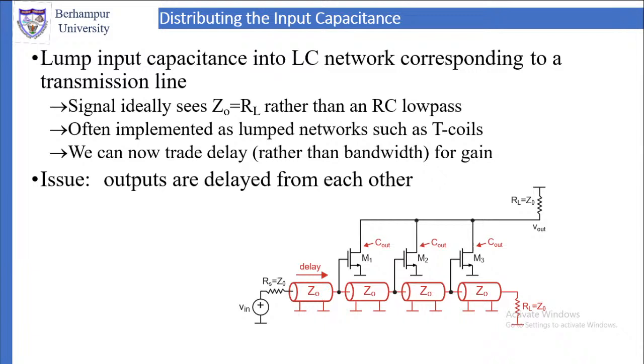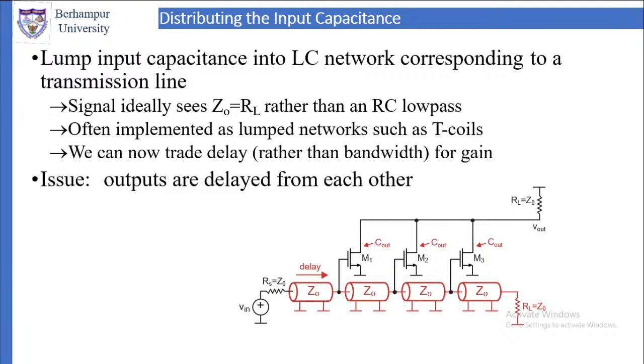You can give more delay. Each transmission line is equivalent to a delay circuit. Why is it equivalent to a delay circuit? Because it is equivalent to an LC circuit. From the transmission line equivalent circuit, we know a transmission line is equivalent to an LC circuit, L in series, C in shunt. Therefore, it is an LC circuit.